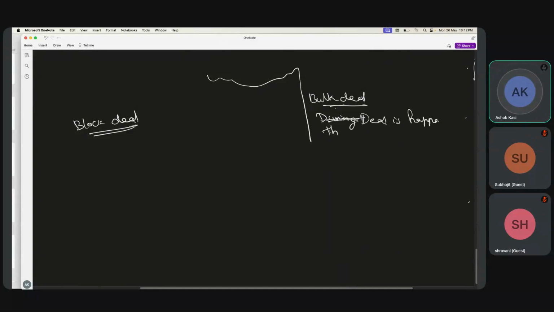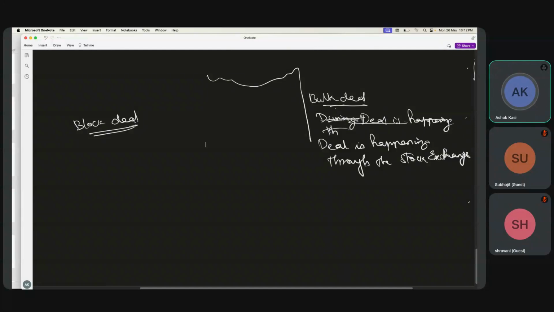The deal is happening through the stock exchange. Now what is block deal?